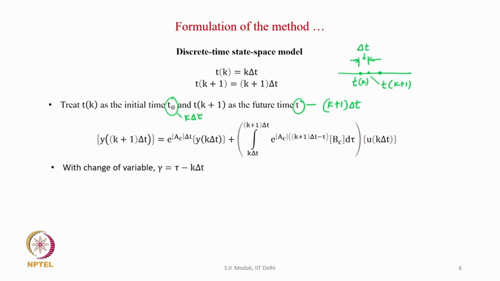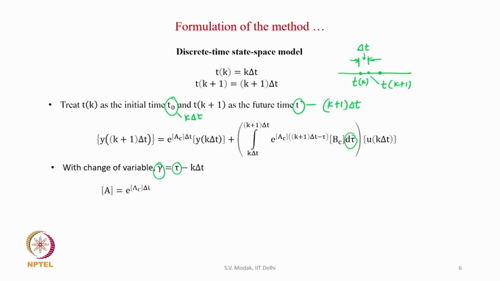Now, let us do a change of variable. Let us change the variable of integration from tau to gamma. We replace tau in terms of gamma, so we write tau is equal to gamma plus k into delta t, and then we simplify the equation and obtain these results.